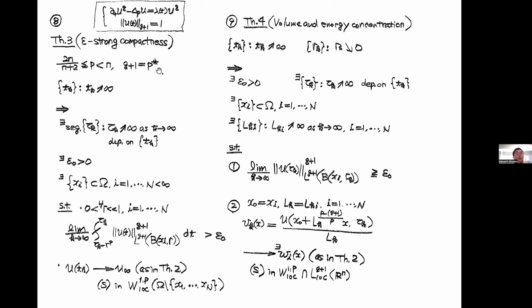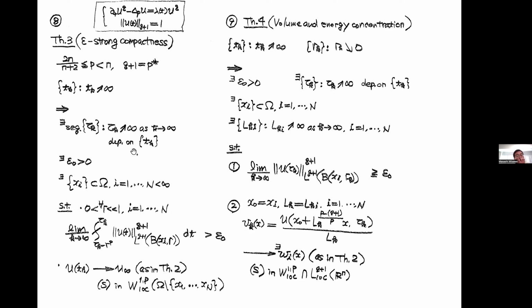That is the Sobolev critical case. Tk is just the time sequence diverging to infinity. Then we have a subsequence, another time sequence tau k diverging to infinity, which depends on Tk.